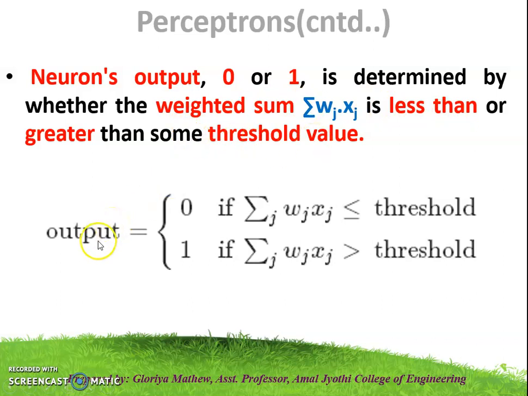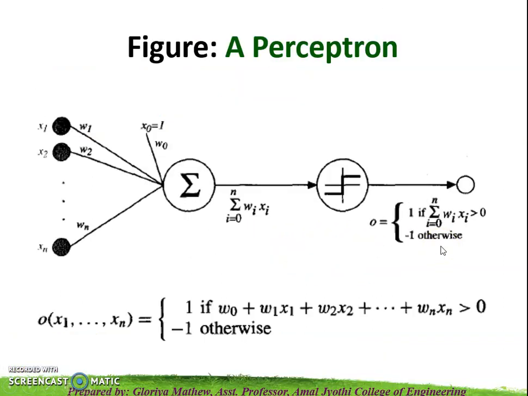So the output of a threshold perceptron can be indicated by: output is equal to 0 if and only if sigma over j of wj xj is less than or equal to a threshold value, and the output is equal to 1 if and only if sigma wj xj is greater than the threshold value.